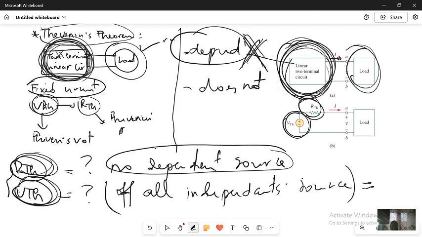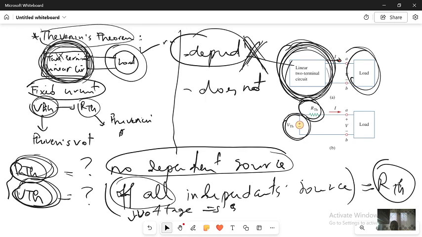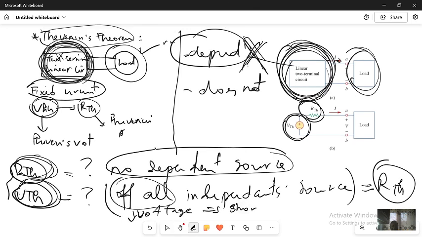I want to determine the value of RTH, and we know that when we turn off independent sources, if it is a voltage source, it is going to be shorted. When it is a current source, as we saw in the previous video, it is going to be open.